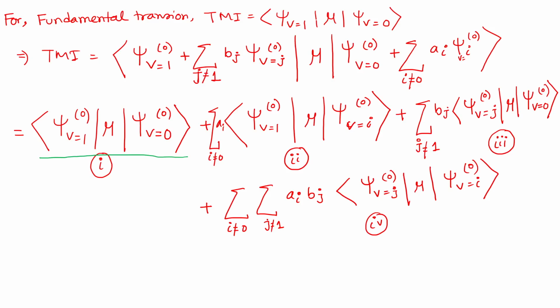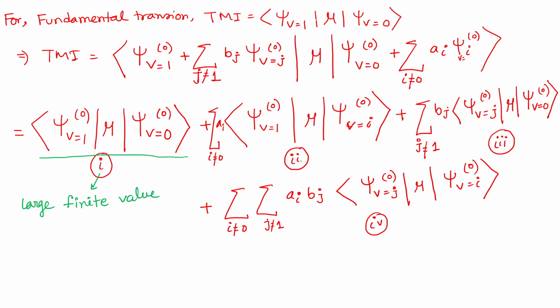The selection rule tells us that delta v should be plus minus one, for a harmonic oscillator. For that it will give me a large finite value.